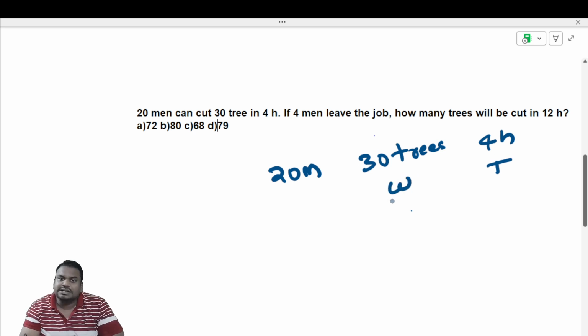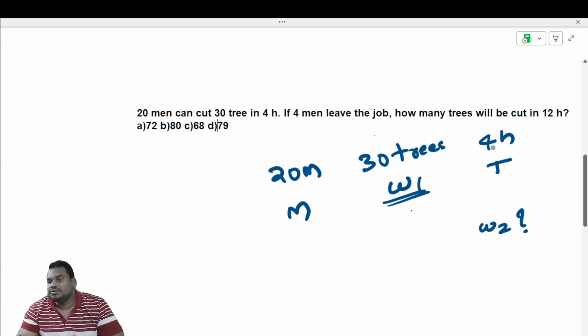See, cutting number of trees is work. The number of men are M. How many trees will be cut in, so how many trees will be cut in means W2 is asking. W1 is given. How many trees will be cut in 12 hours? 12 hours is H2 or T2.